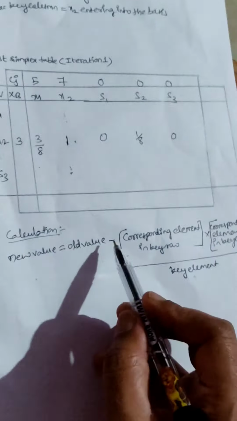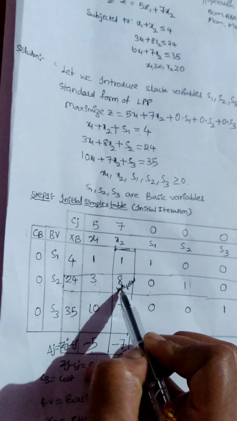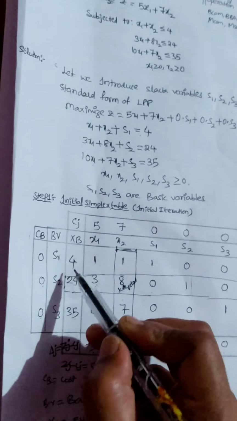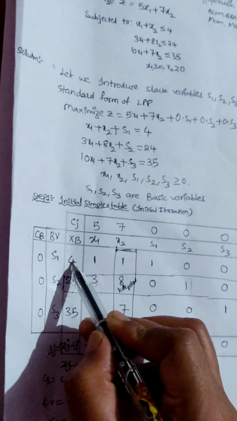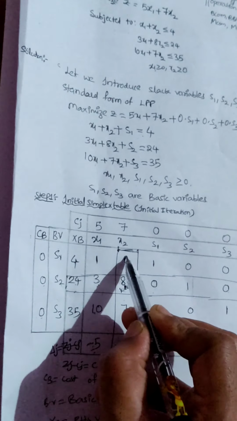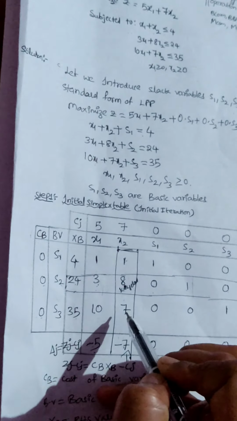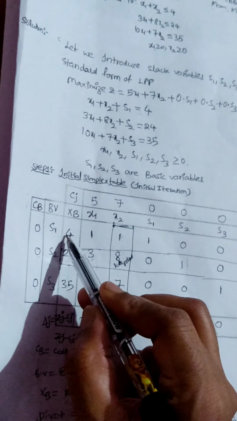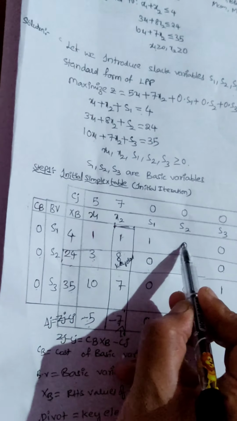Now we apply this formula to the first iteration values. Here the key element is 8. 4 is an old value. This value is converted into a new value because we are converting this element into 0 and this element into 0 in the next table. First let me take this row s1.